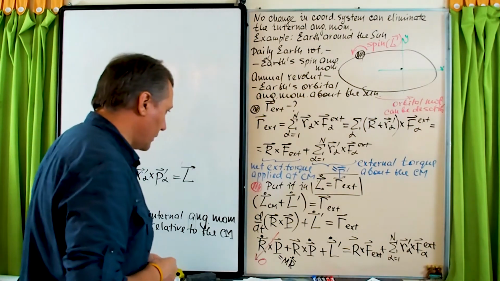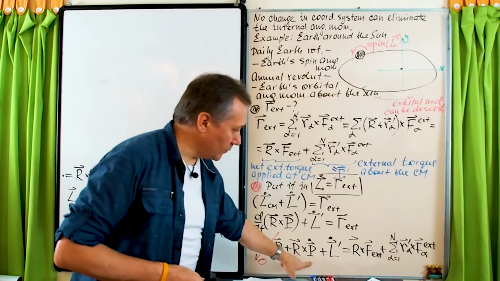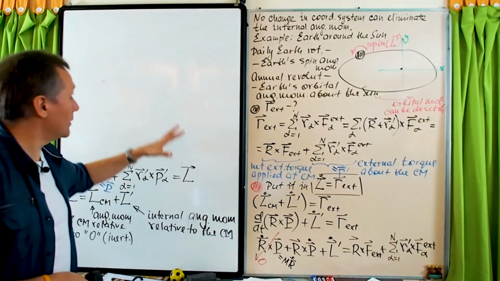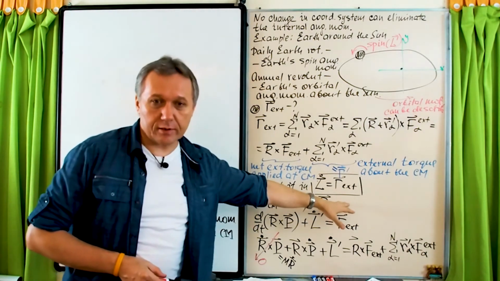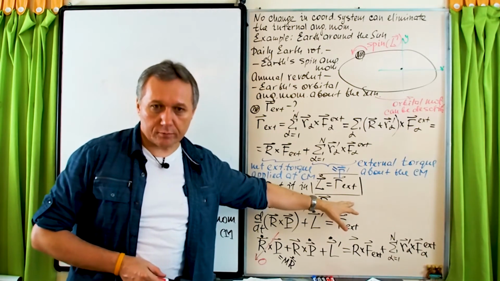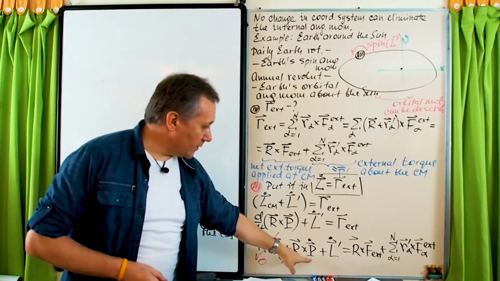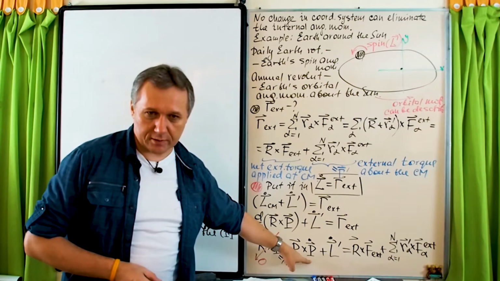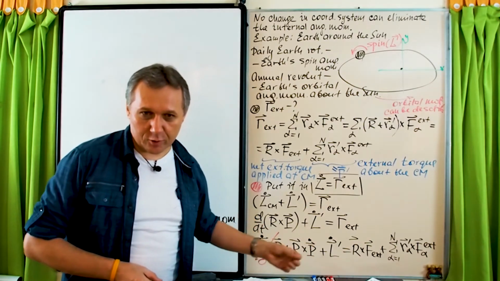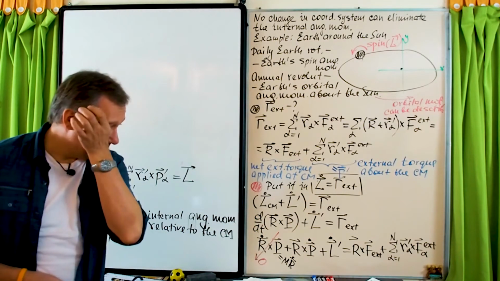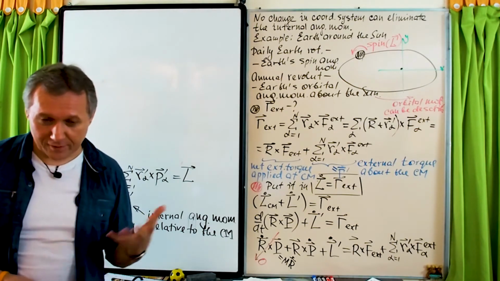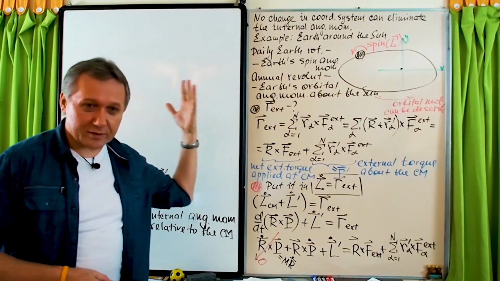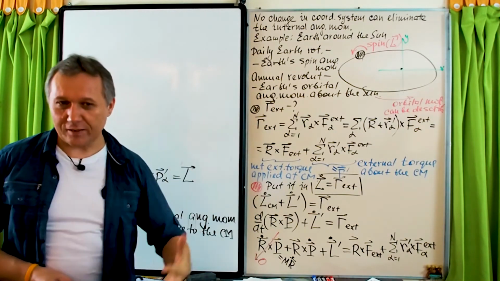Then what's next? You remember this equation written relative to the inertial reference frame. So the rate of change of the total linear momentum of the whole system equals the net external force, right? It's Newton's second law adapted for a multi-particle system.